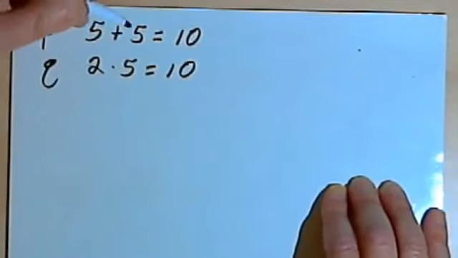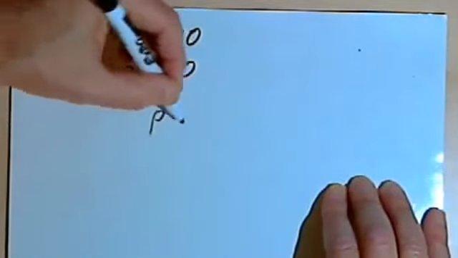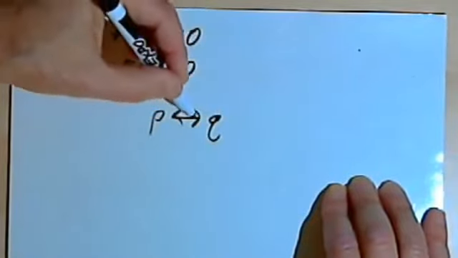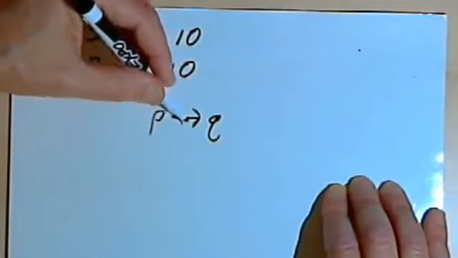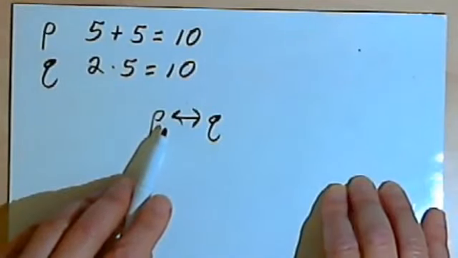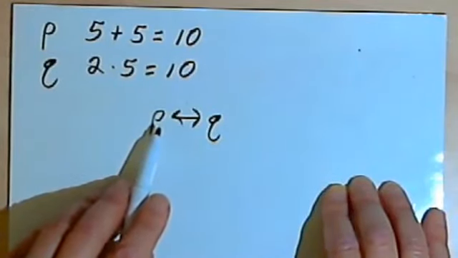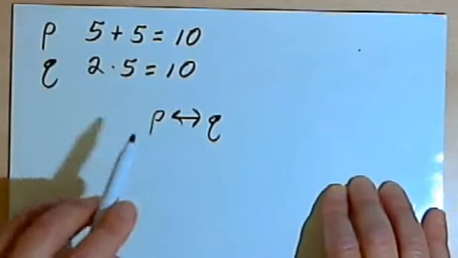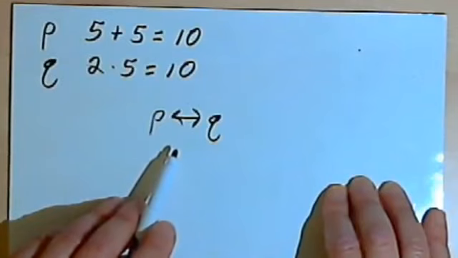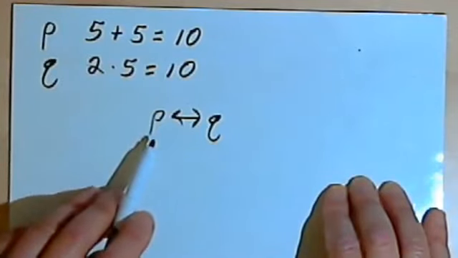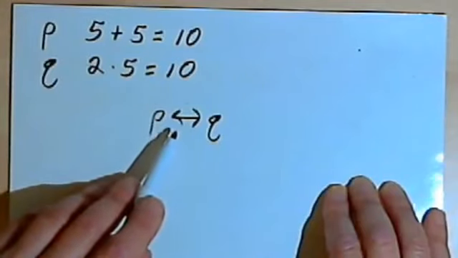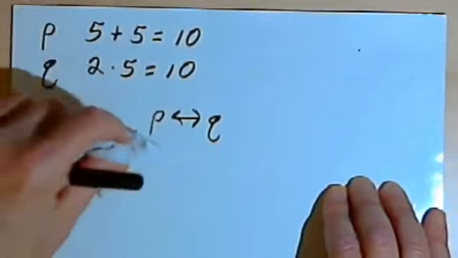If I want to write that symbolically, I'm going to have a P and a two-headed arrow and then the Q. So the arrow points in both directions, meaning basically I'm taking two regular conditional statements, putting them together, one in one order, the other in the other order, and so I'm combining them into a biconditional statement. And again, when this is read, usually they'll say something like P if and only if Q. And here's what the truth table for this looks like.